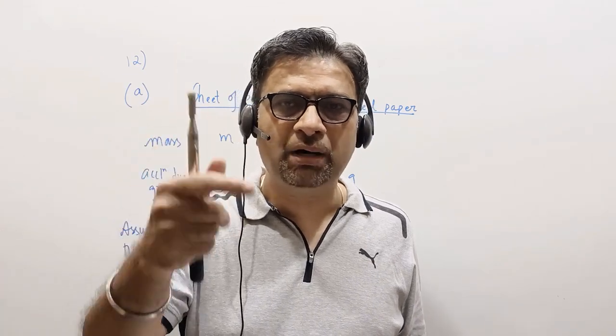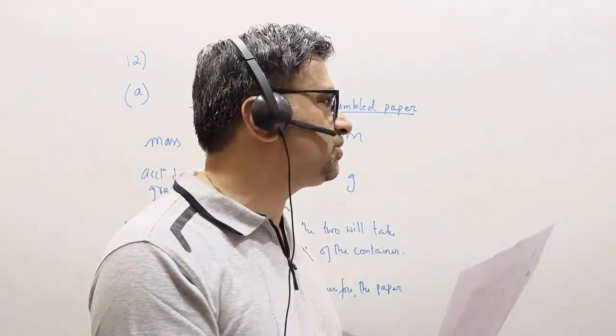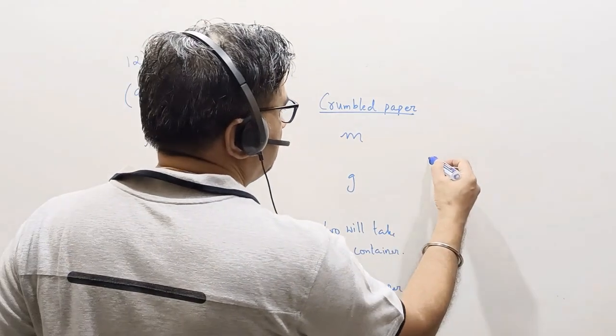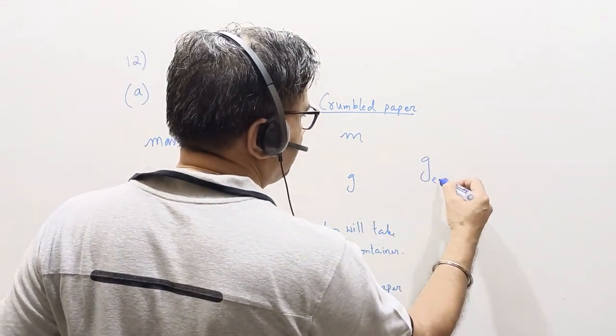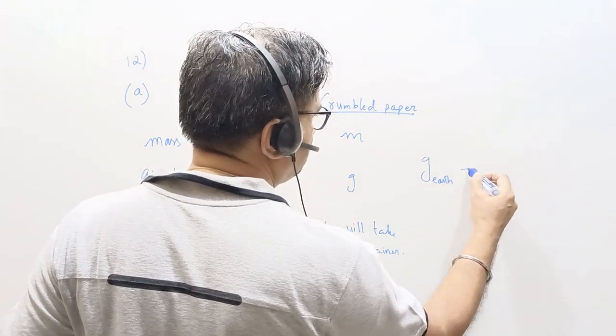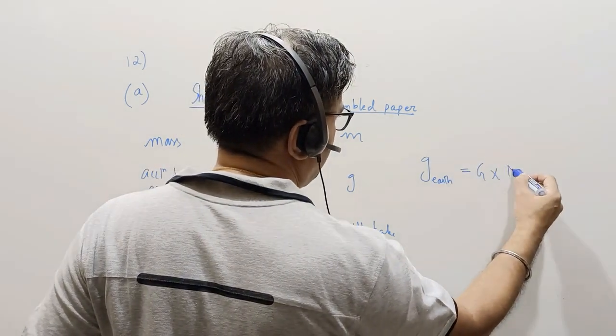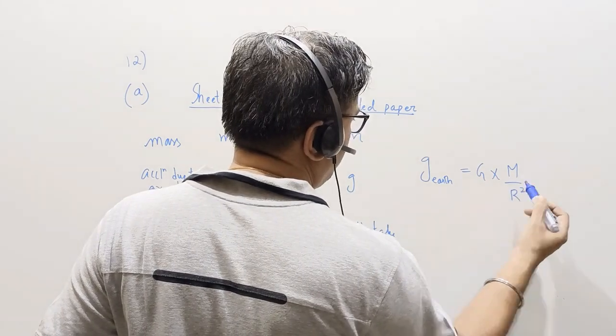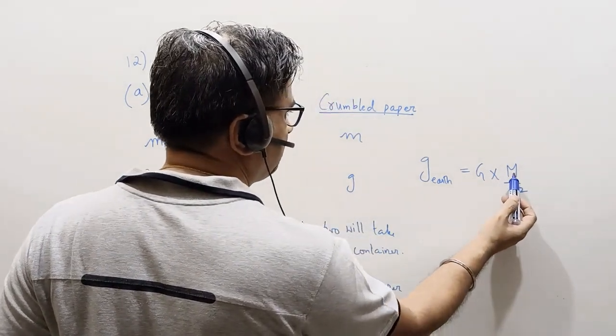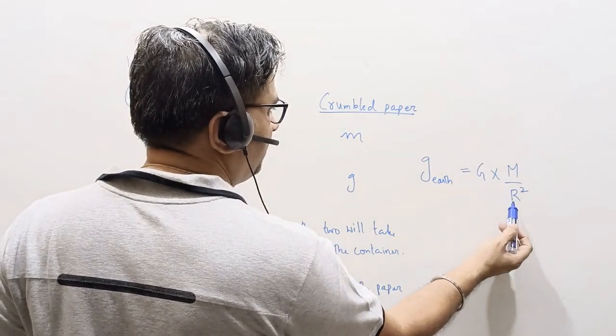Again, I repeat, the mass of the object does not influence it, because if you recall, the acceleration due to gravity on Earth is given by this formula, g = GM by r square, where M is the mass of the Earth and r is the radius of the Earth.